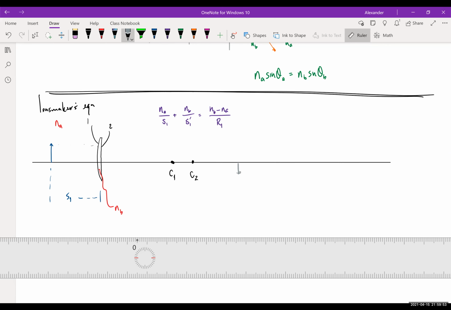We're treating it as if only the first surface matters. Pretend like the second surface isn't even there.